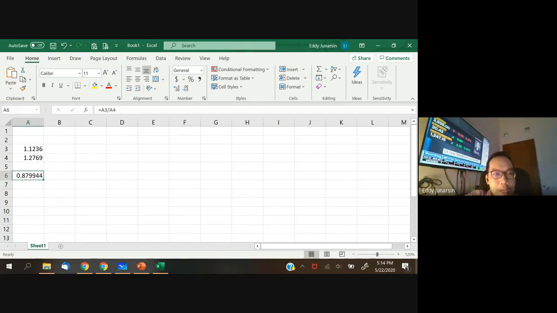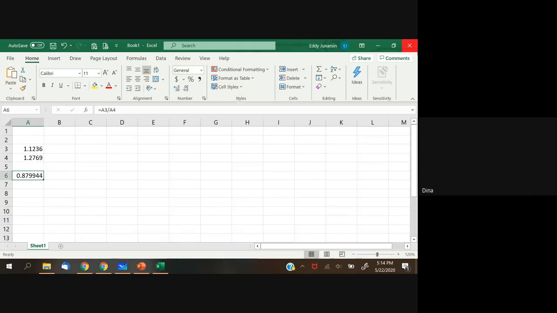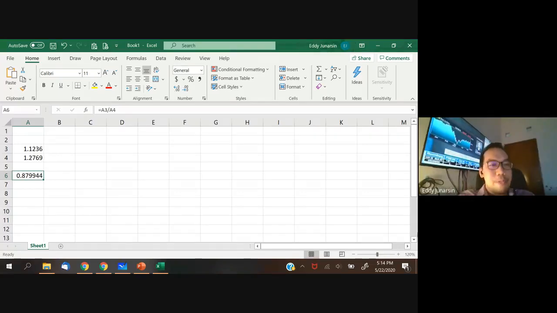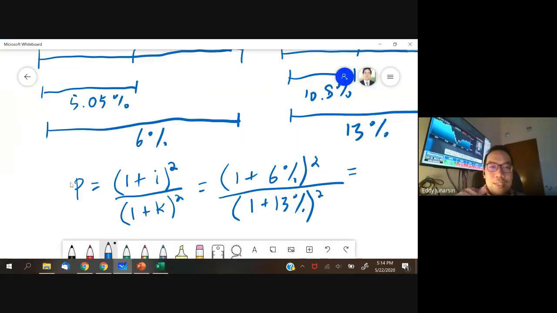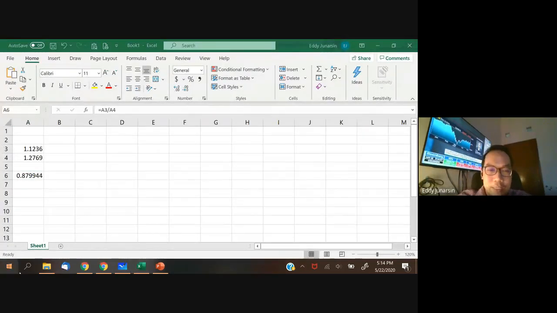So the probability of repayment for 2 years is 87.99%. Right? So Dina, what is the probability of default for 2 years? The probability of default would be 12%. Yeah, that's right, 12%. Okay, very easy, right? Very easy for this one. We find 87.99.